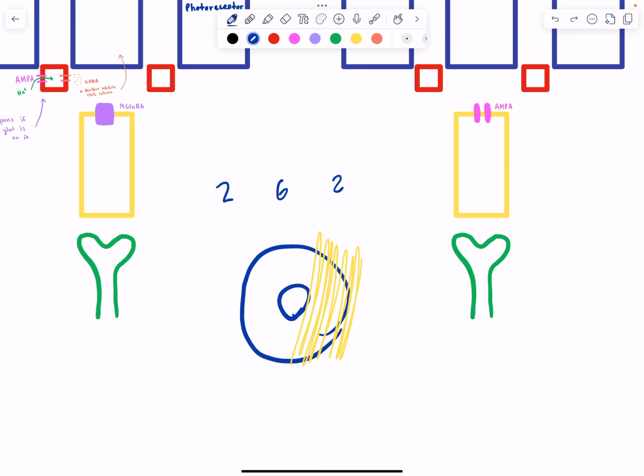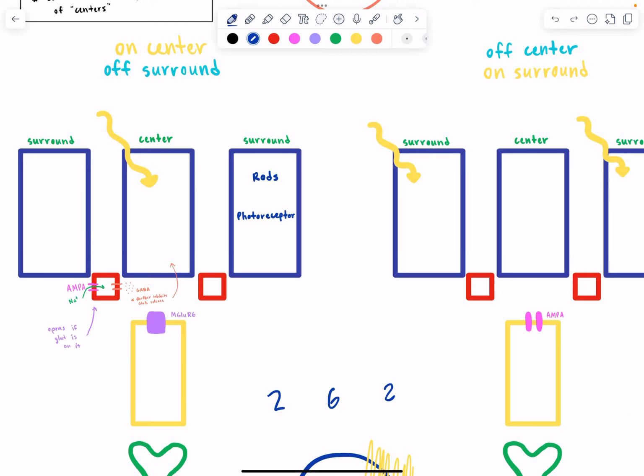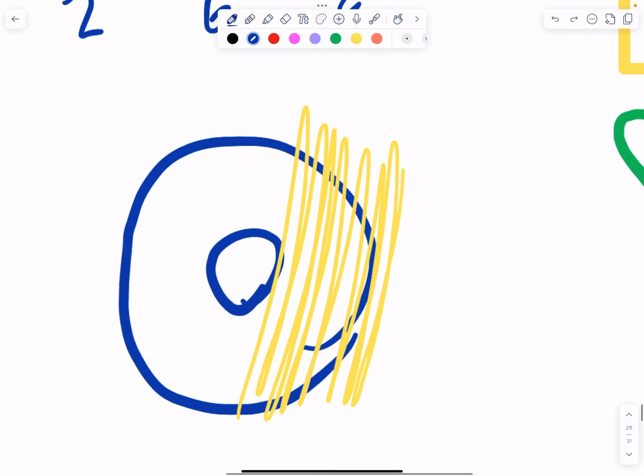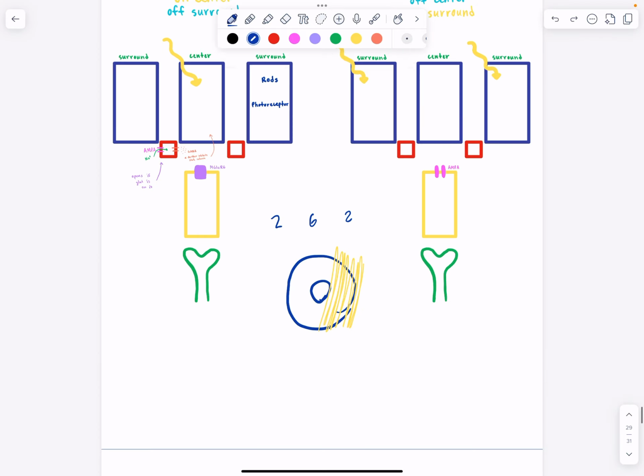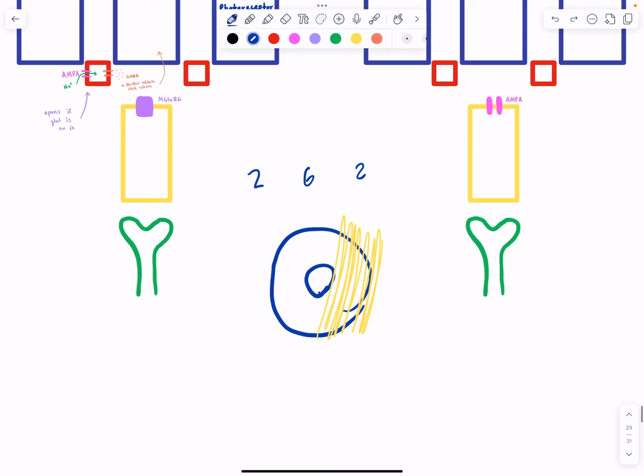Let's say we're doing off center, on surround. So these are on and this is off. We'll color that in to signify that it's off. So it's not getting light, but these are getting light.